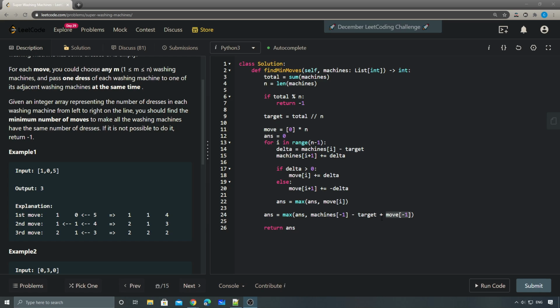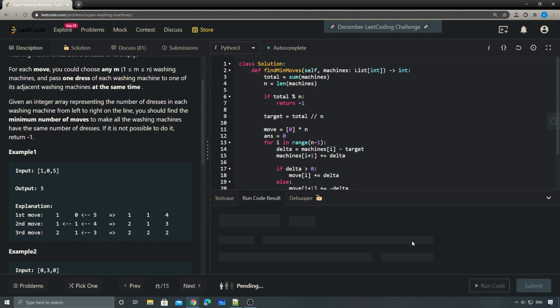This is because there are no machines on the right side of the last machine, so this delta will not be negative because we cannot borrow any addresses from the right, which does not exist. So this delta will always be either 0 or greater than 0. That's why we can just safely add this thing to the last move.